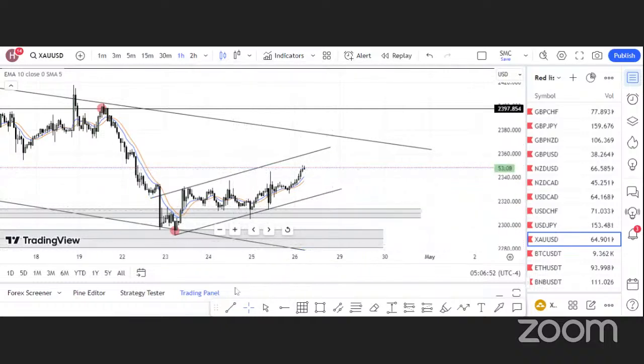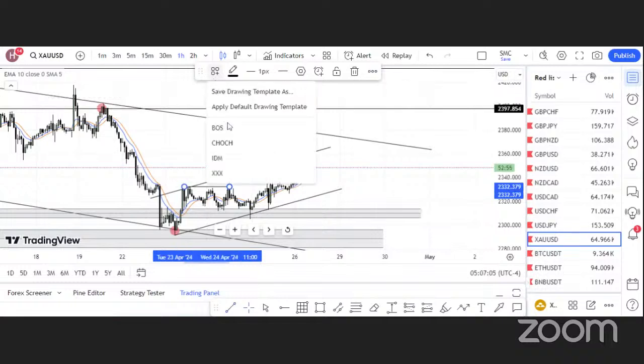As the market is moving bullish, you can see it's breaking highs and breaking structures. So this is a good indication that the market will continue to buy to the upside.